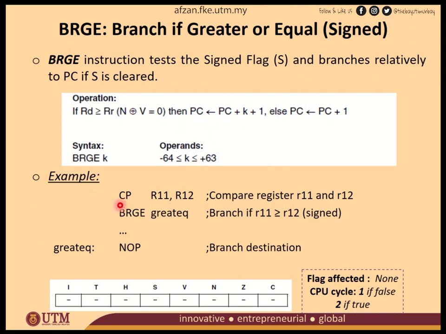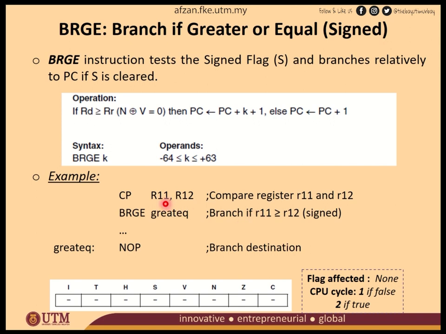For example here, first you need to compare R11 and R12. You compare between two registers. The first register has a certain value, the second register has a certain number.